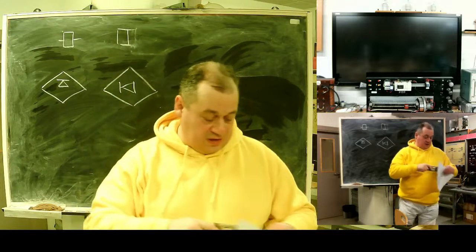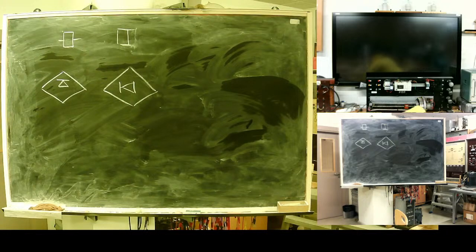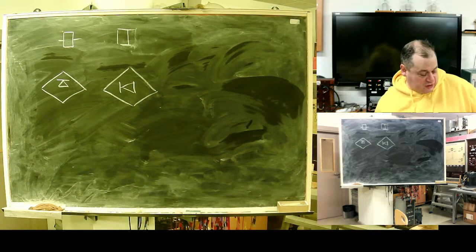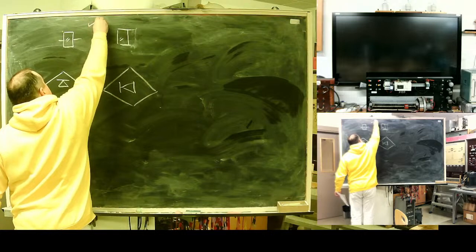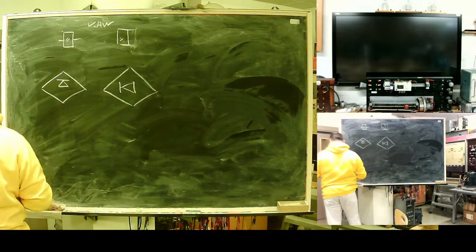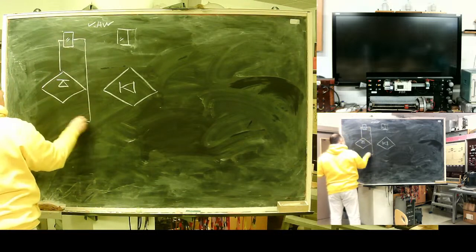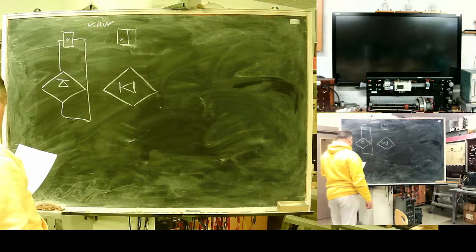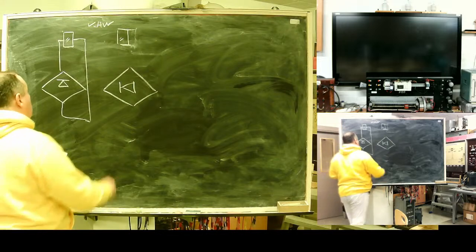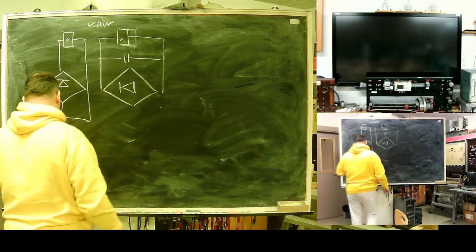Such kind of design, or a differential relay, a two-coil relay. Yeah, this is the power for coil number one. Coil number two also needs a filter condenser.